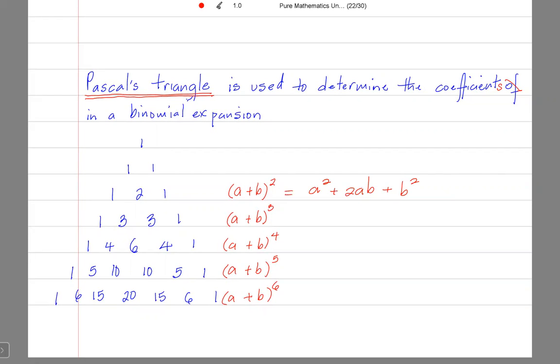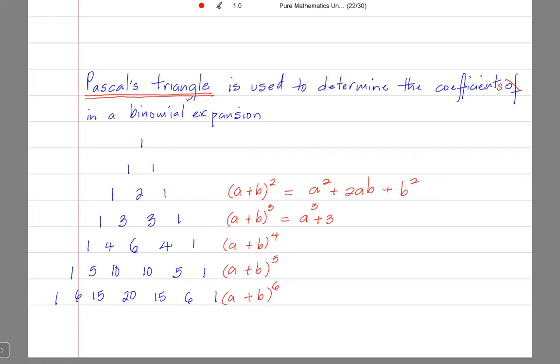All right, let me do another one. For this level, if I expand a plus b cubed, the coefficients are going to be 1, 3, 3, and 1. So first you're going to start off with a cubed. Then plus the next coefficient is going to be 3. Please note what is going to happen next.